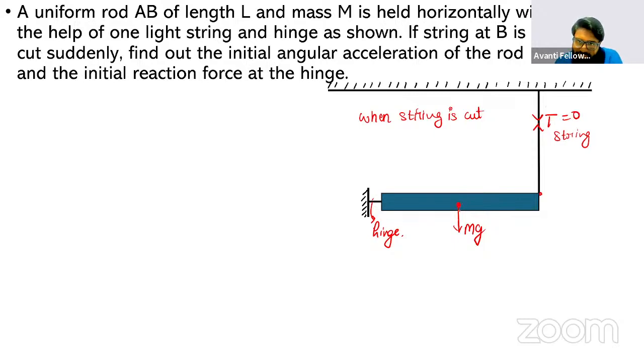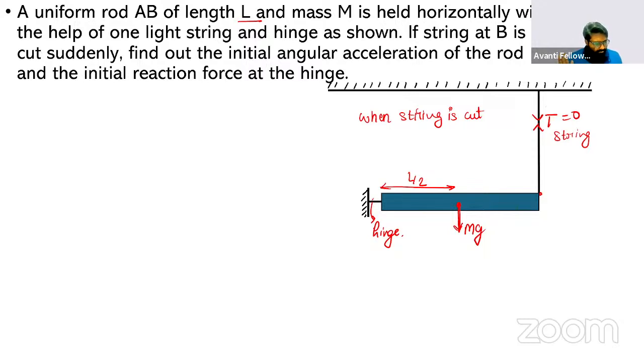So this mg force will try to rotate the rod about this hinge point. Let's say this is the length L by 2, and the total length of the rod is capital L, given in the question. So this mg tries to rotate the body in the clockwise sense. We will take it as negative because it is clockwise. Look, this is your choice.